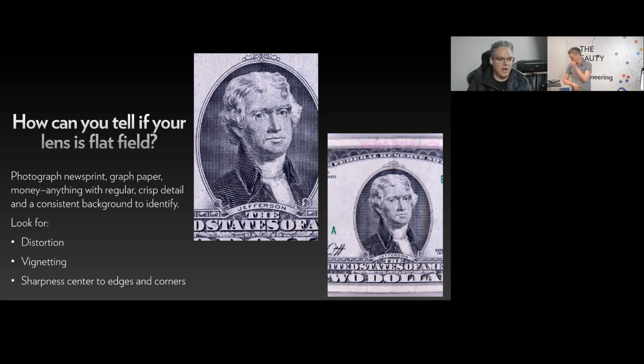That will help a lot. Take a photograph, focus as best as you can, and then look for distortion or vignetting and the sharpness from the center to the edges and the corners. If you see those qualities, then you might be seeing some shortcomings of your lens, specifically for the process of trying to do flat field work.